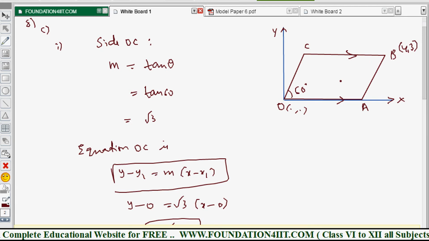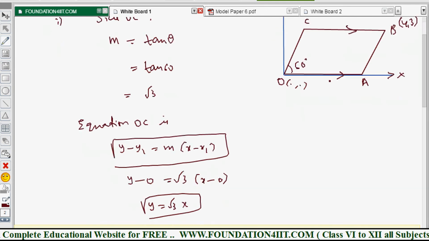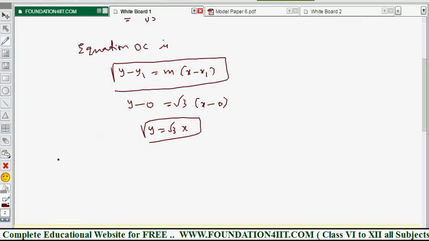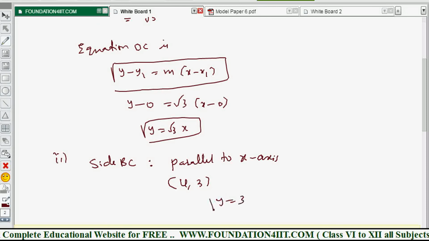For a line parallel to the x-axis, y is equal to k. So y is equal to 3 is the equation of side BC.